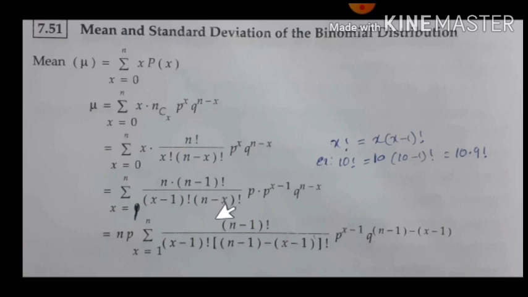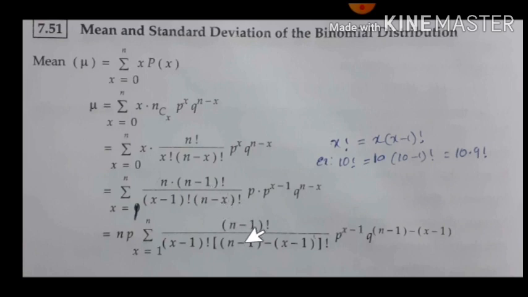Now, next step. When I am writing n in the form of n minus 1 factorial and x as x minus 1 factorial, here also the term where you have only n and x, and here also n and x, make it in the form of x minus 1 and n minus 1. So observe it. When you do the simplification, the condition will hold good.